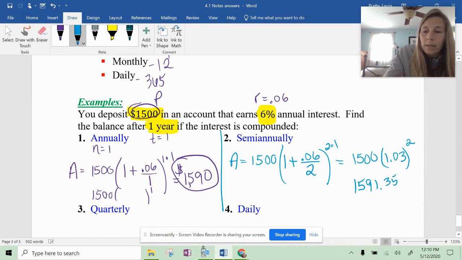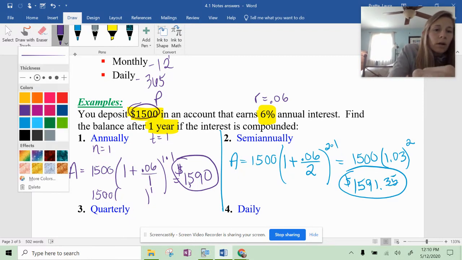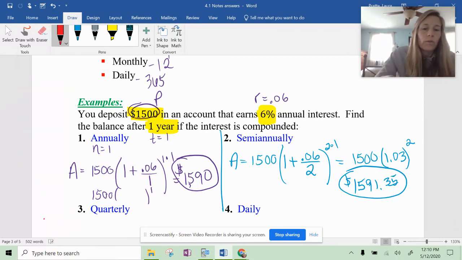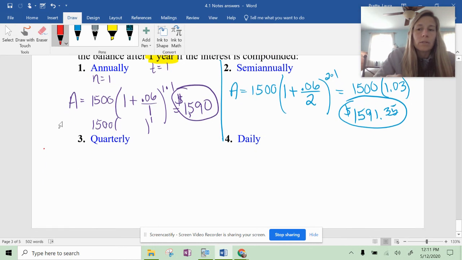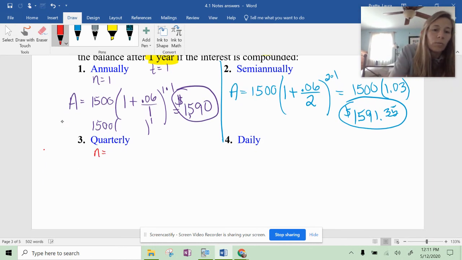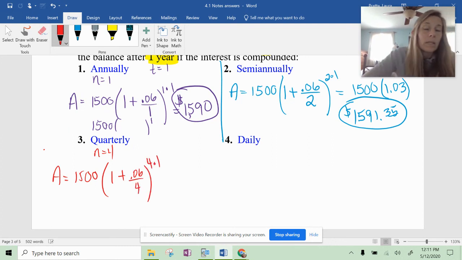So you can see you get a smidge more money because that interest was applied twice, not just once in the year. All right, so let's try it for 2 more. For number 3, we're going to do the same thing, but this time we're going to do it quarterly, which means our N will be 4. So we're still using that 1,500, 1 plus 0.06, but this time it's going to be divided by 4. And then we have 4 times in the year, so it's 4 times 1.